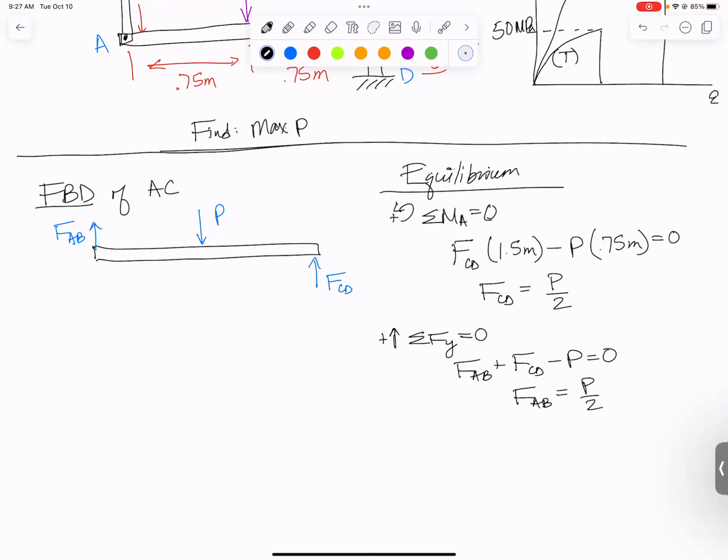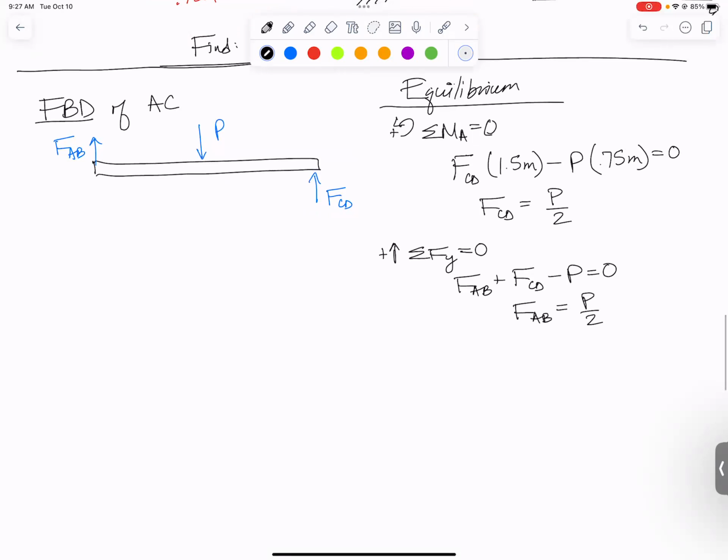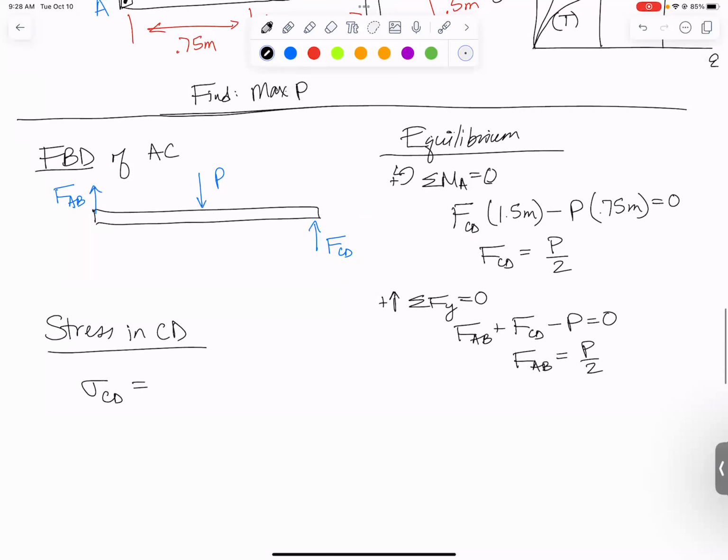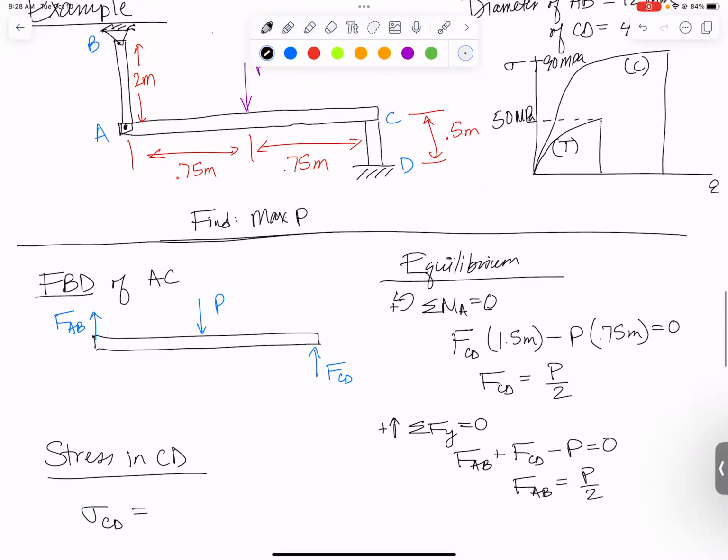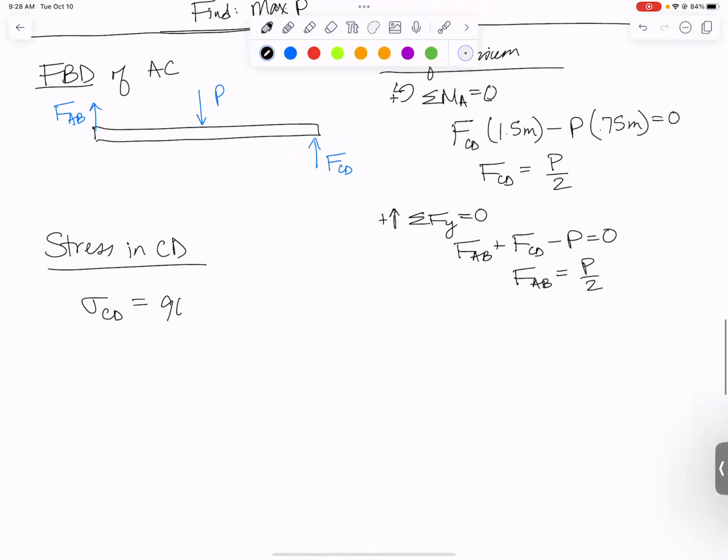So next, let's move on to getting an expression for the stress in each member. So let's first do stress in member CD. Member CD is going to be in compression, right? It's pushing up on the beam to support it. That's what this means right here, that CD is pushing up on the bar, which means that the bar is pushing back down on member CD. It's in compression. So I'm going to set this equal to 90 megapascals, the most stress we can handle.